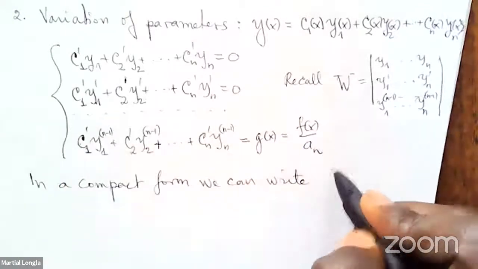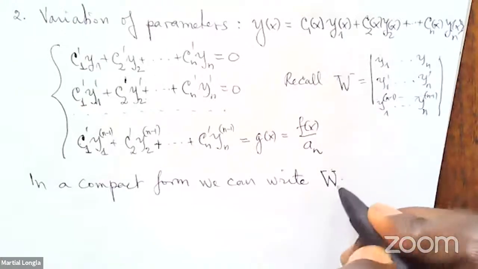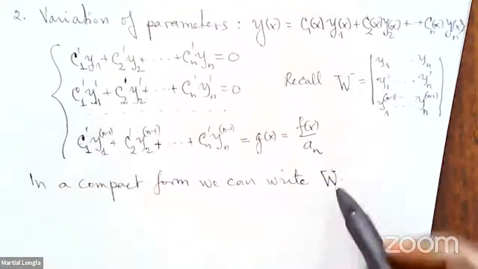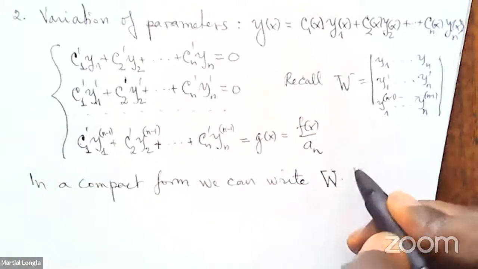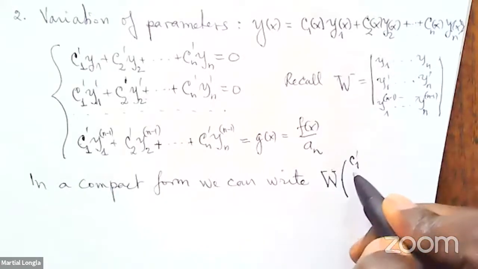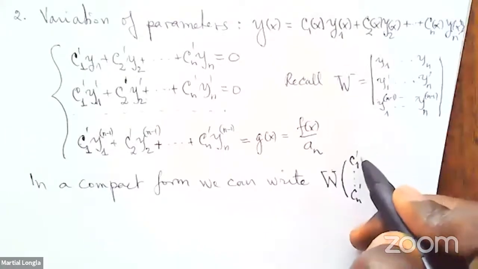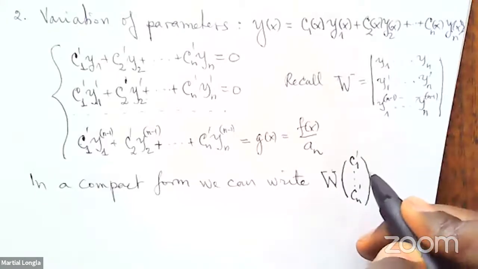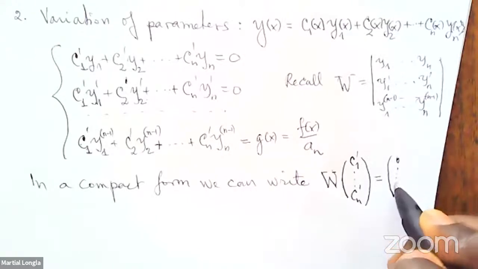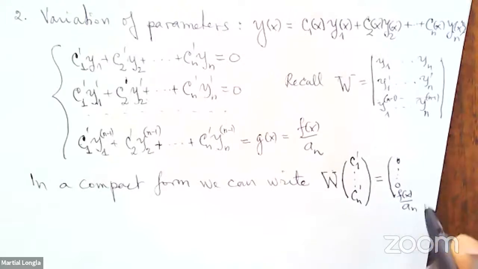This equation is nothing but W, the vector form, because W here is the matrix that gives you the Wronskian, times C1 prime, Cn prime equals, and the right-hand side is 0, 0, and then the last one, f of x over an.